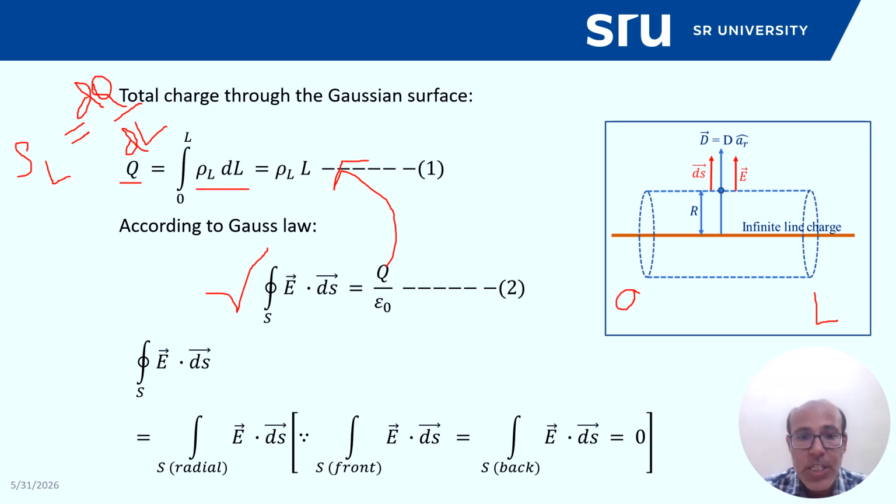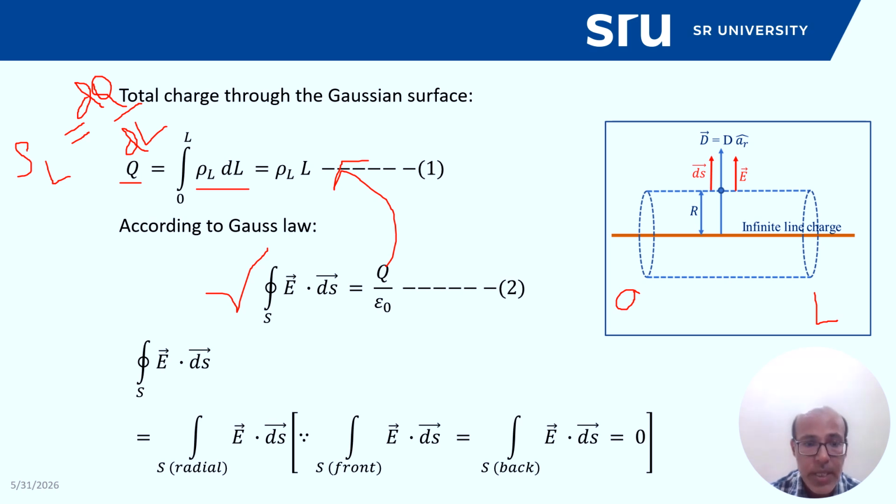This is a slight change when you compare it with the point charge. In point charge, we directly took Gauss law as integral E.dS equals Q by epsilon naught, but in this case we have to consider it as rho L dl.